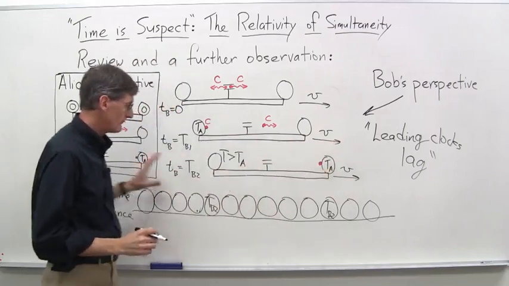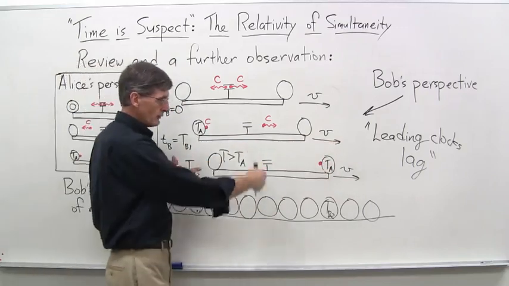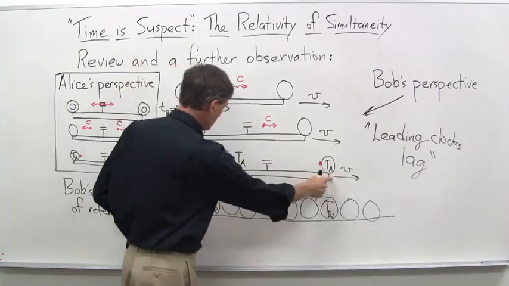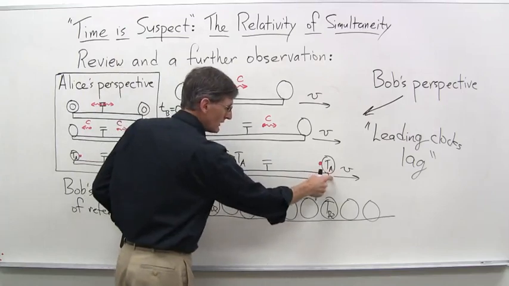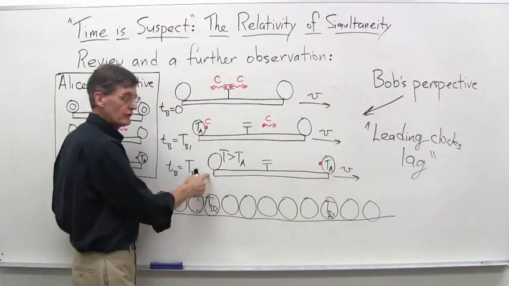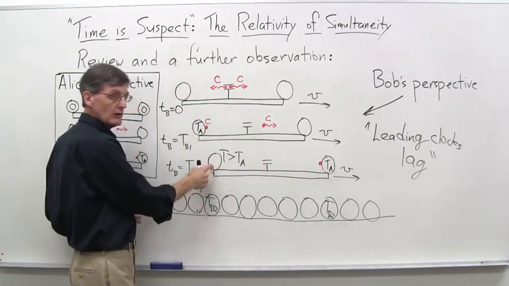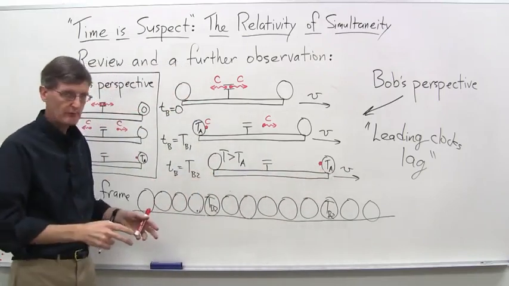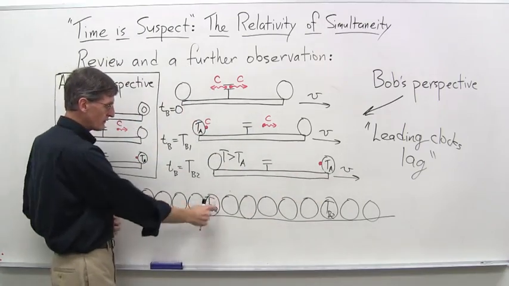her lattice of clocks is flying by there, he will, if you pick any two clocks, say one here and a trailing clock over here, the leading clock will lag the trailing clock. This clock, T sub A, is behind this clock from Bob's perspective. Remember, all Bob's clocks are synchronized to him, so he could take a flash photo right here.